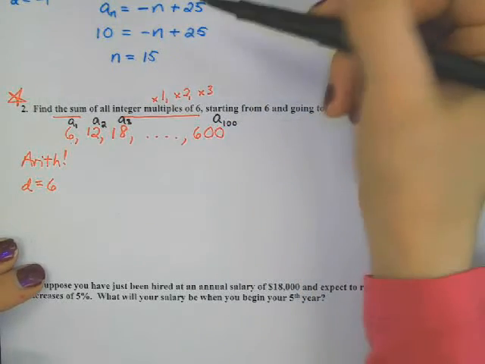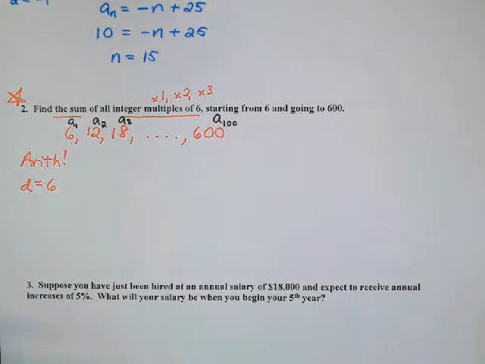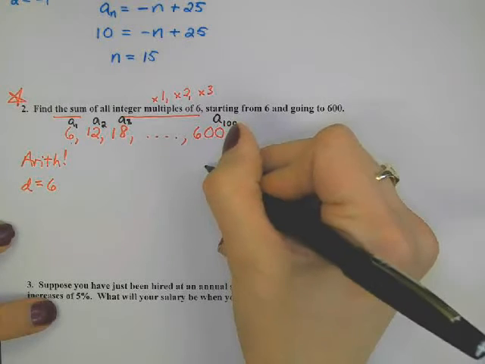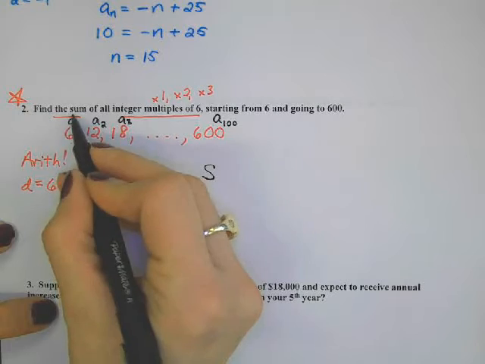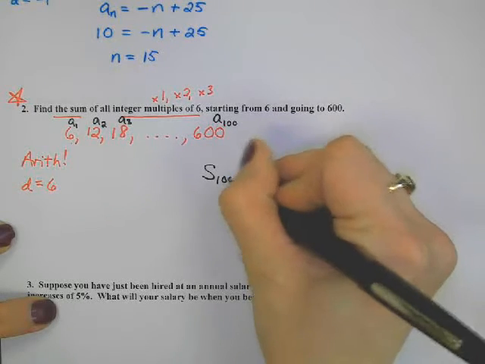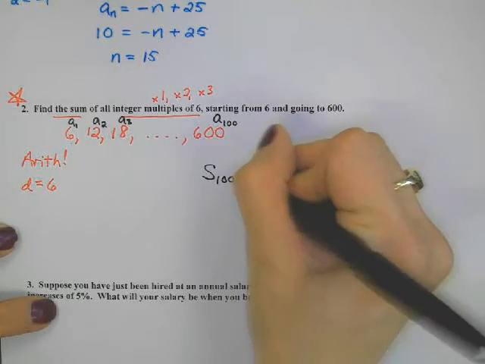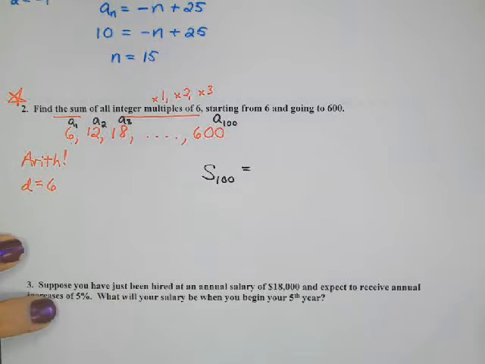If you don't know that, you could use the process that we did up here to find it officially, but I think that's pretty straightforward. So I'm going to say that's the 100th term, and we are going to find the sum of 100 arithmetic terms. So please find the sum. It's going to be nice.